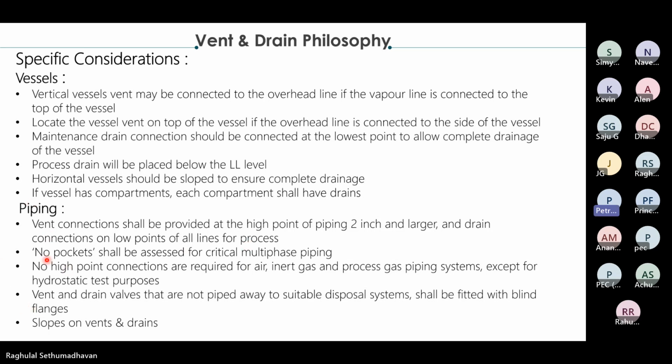High point vents and low point vent drains should be considered for the piping, and low pockets need to be assessed for multi-phase pipes. Then the slopes of vents and drains should also be assessed for each project, and for which lines they should be provided. Then we need to put it in the PID. Only then will the piping team take it into consideration. Very nice.